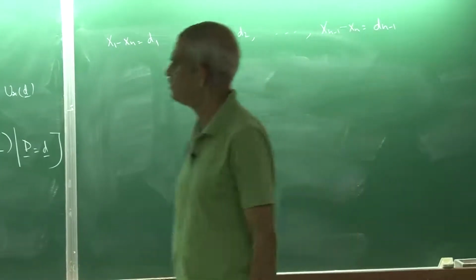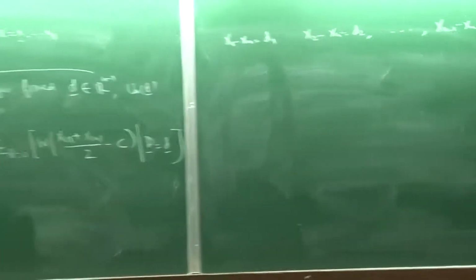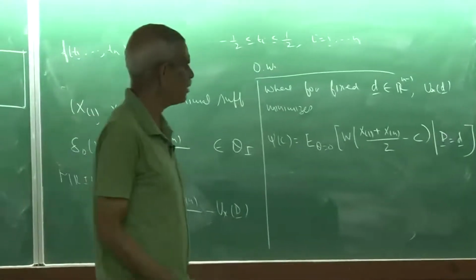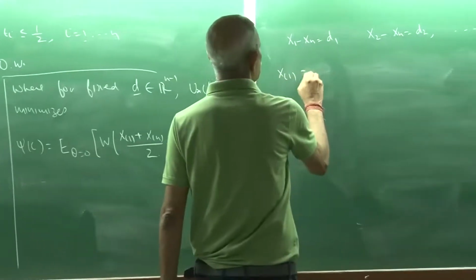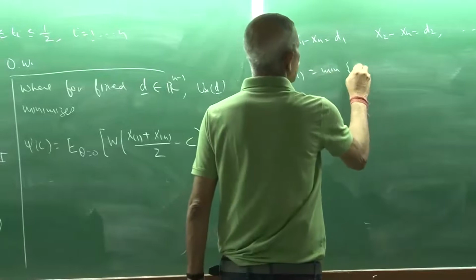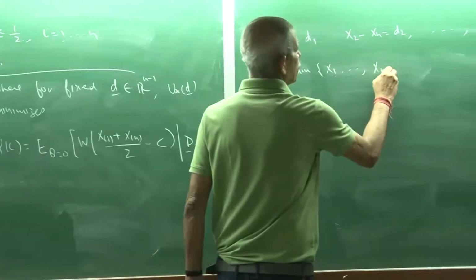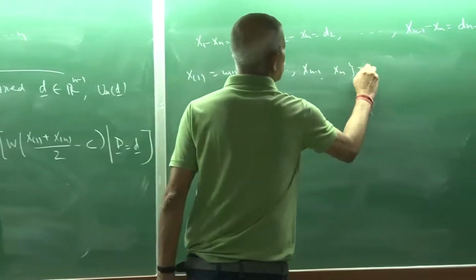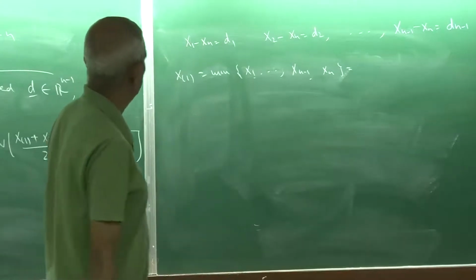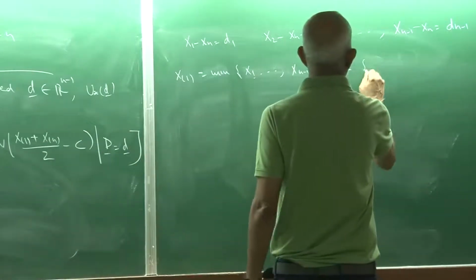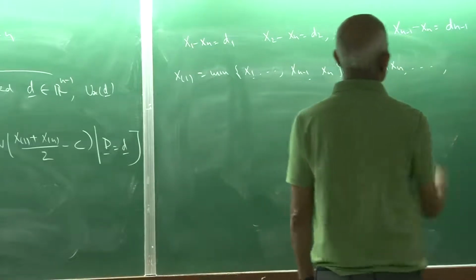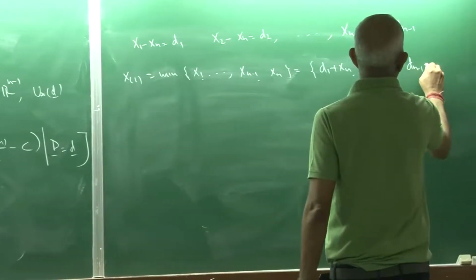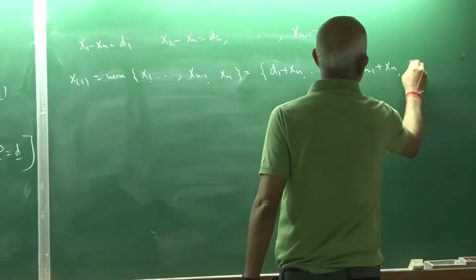That is what is given to you. So first I try to write down X(1) in terms of d1, d2, ..., dn. So X(1) is the minimum of x1, x2, ..., xn minus 1, xn, which is the same as the minimum of d1 plus xn, ..., d(n minus 1) plus xn, and then xn.